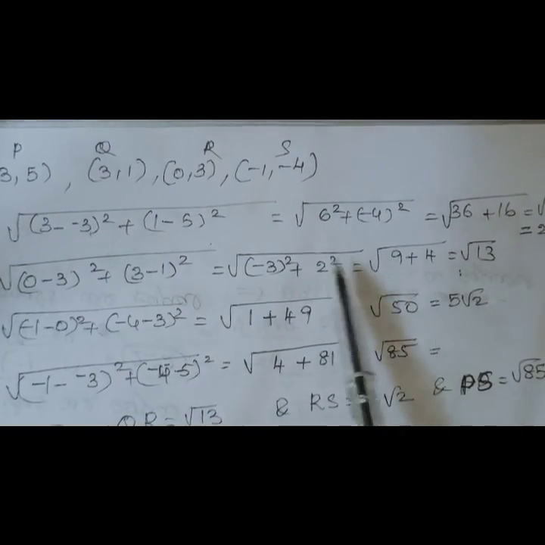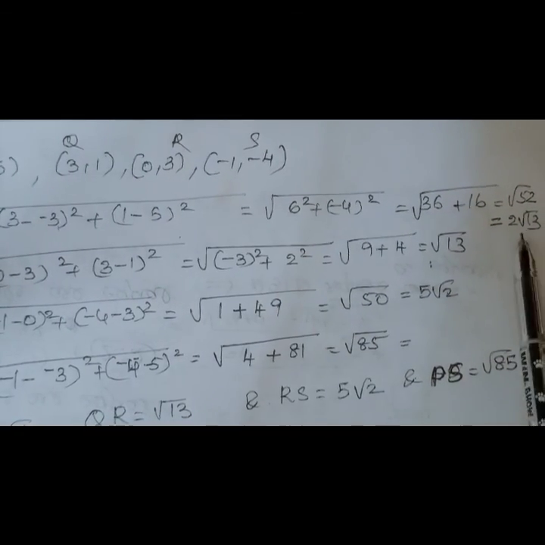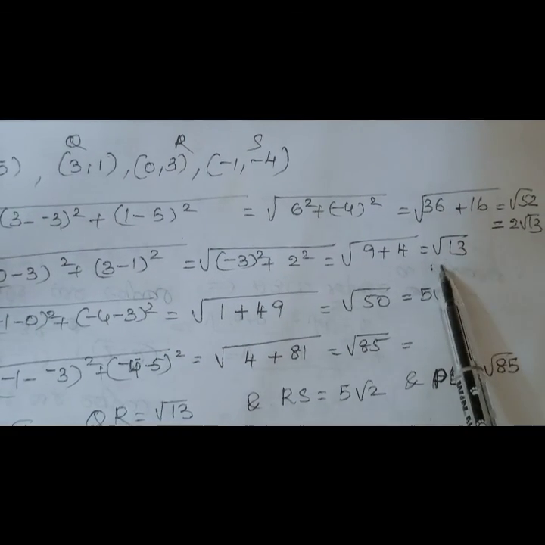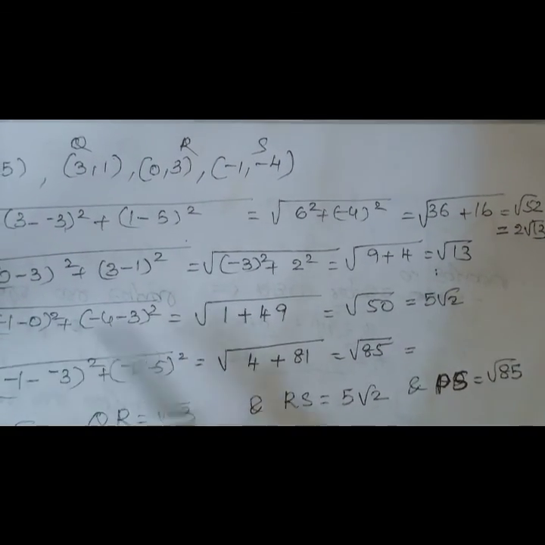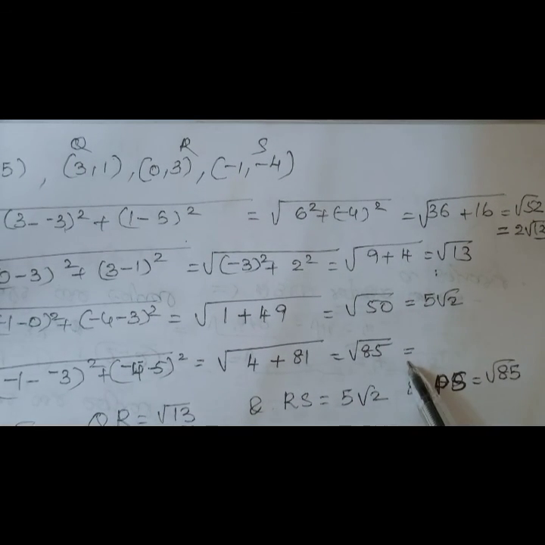Here we want to find the distances PQ, QR, RS and PS. After finding the distances using the distance formula, PQ is 2 root 13, QR is root 13, RS is 5 root 2 and PS is root 85.